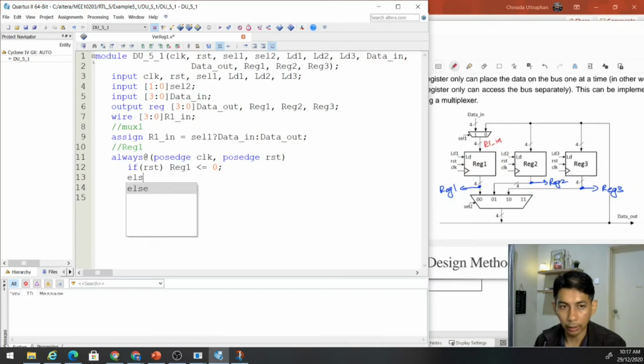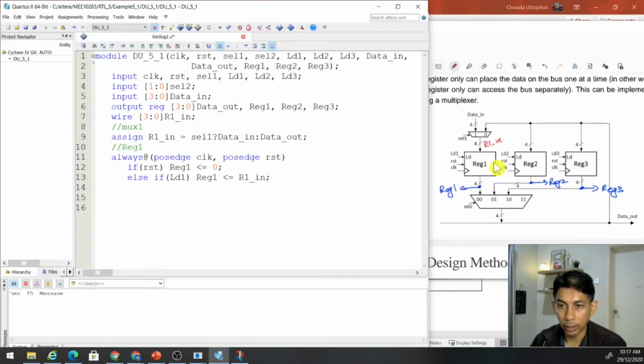So we can have else if LD1, reg 1 should be R1 in, this signal. Okay, that's it. So this will be this register.